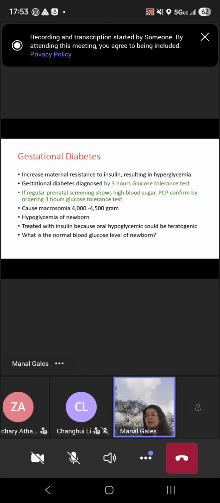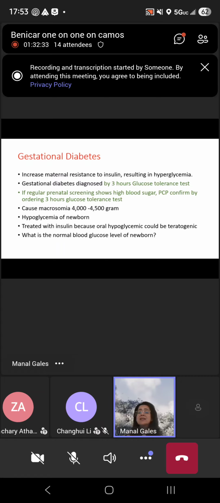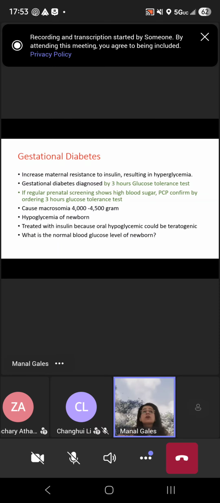Yes, good job, Justin. It is insulin. So the fetal pancreas will produce a lot of insulin, because it is too much sugar coming to my small body, right? So the fetal pancreas produces a lot of insulin to overcome that high sugar.